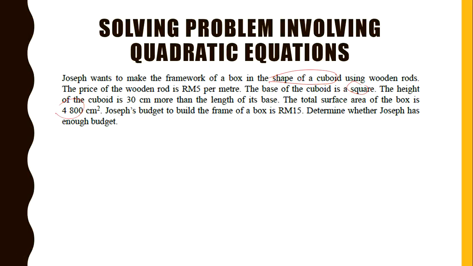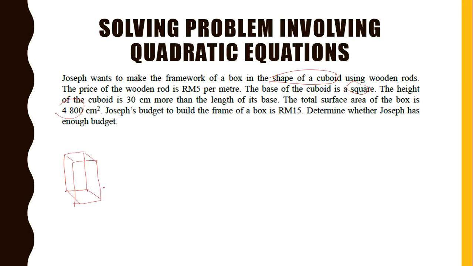Okay, so first kita dah tahu dia punya shape is cuboid. Then dia kata the base of the cuboid is square. So, marilah kita lukis cuboid dulu. Okay, bolehlah ni. Sebab dia kata dia punya base is square kan. Lepas tu, height of the cuboid is 30 cm more than length of its base. Ni length of base kan.